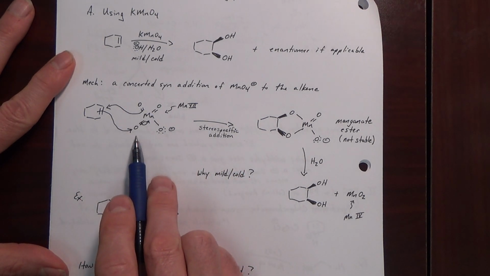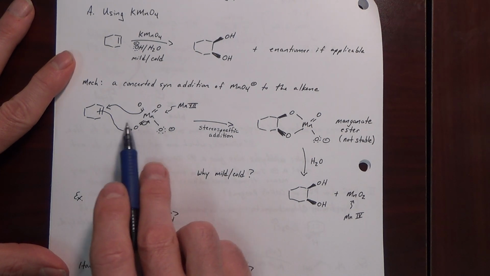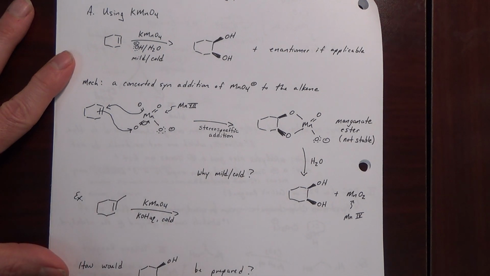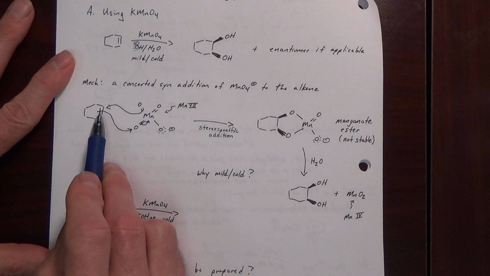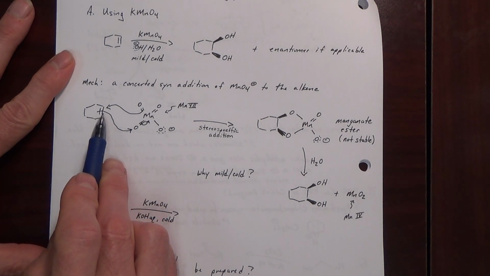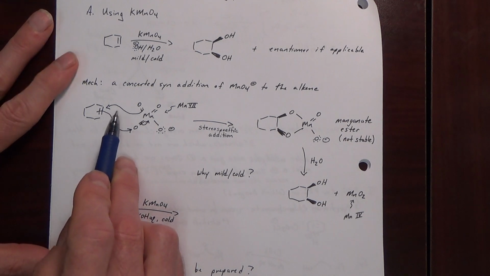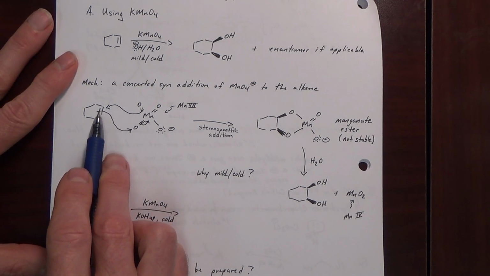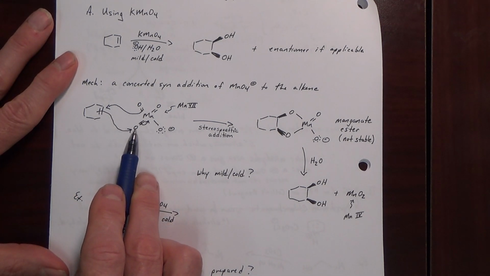It's almost like a Diels-Alder reaction. But instead of a 2 and a 4, it's a 2 and a 3. And if we watch the movement of electrons with the 3 arrows here, these electrons move out and attack this oxygen.